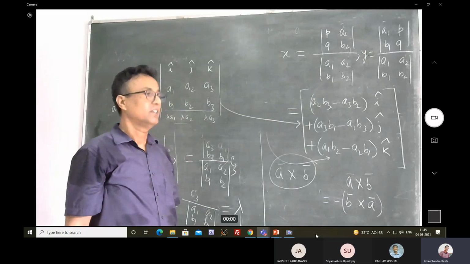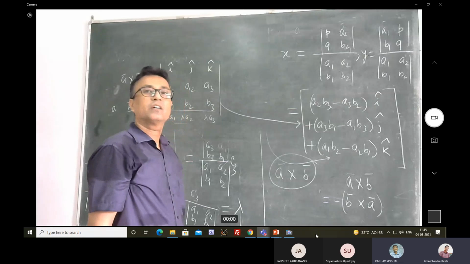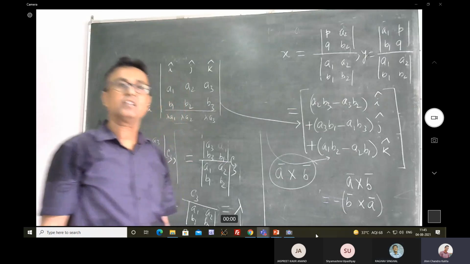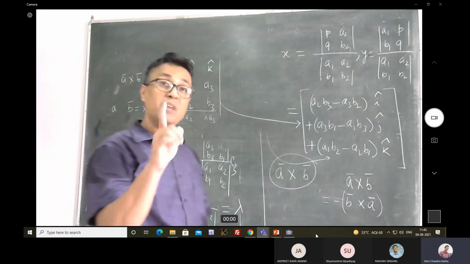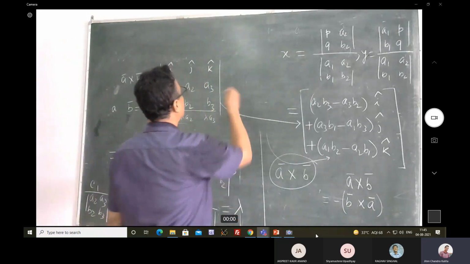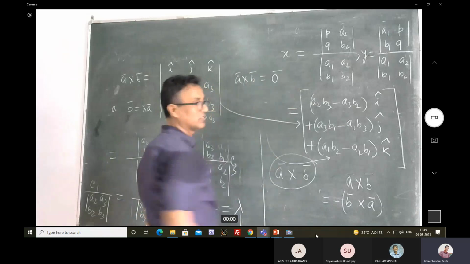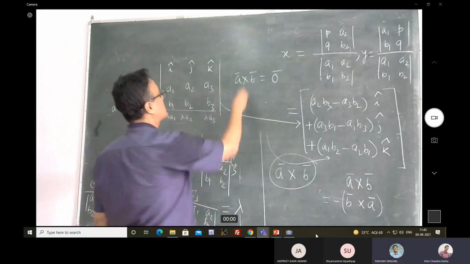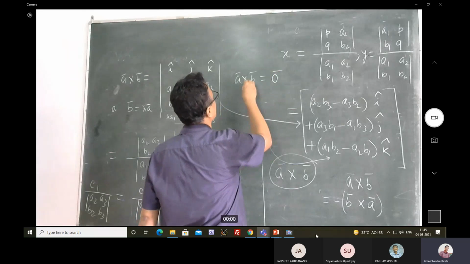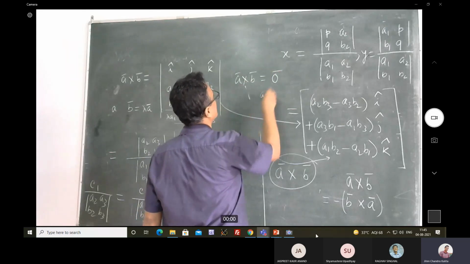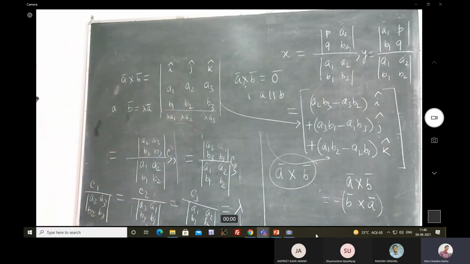So the cross product or vector product of two parallel vectors is always the zero vector. So basically A cross B is equal to 0 if and only if A is parallel to B. That is another interpretation.